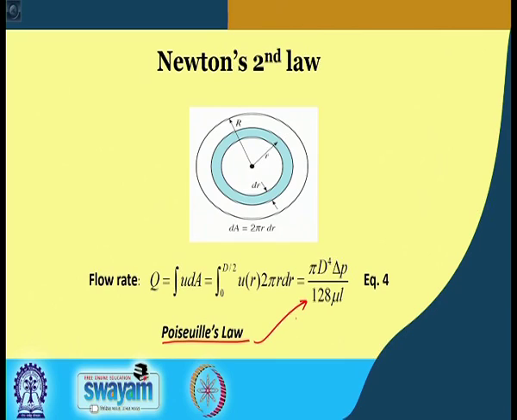So we have used Newton's second law to derive the discharge rate through a pipe as a function of pressure gradient delta P. This is an important topic, one of the critical ones for laminar flow through pipes.